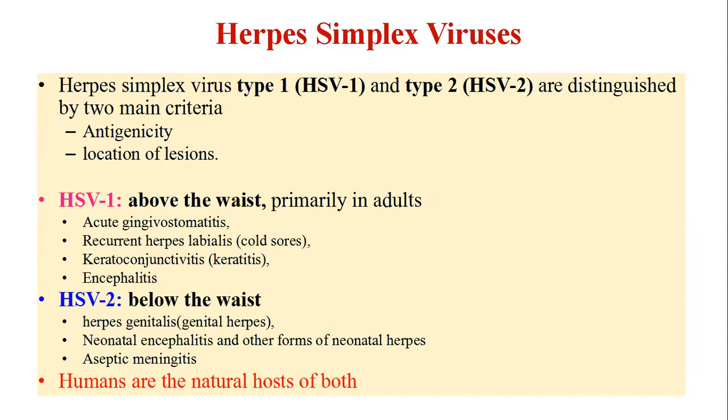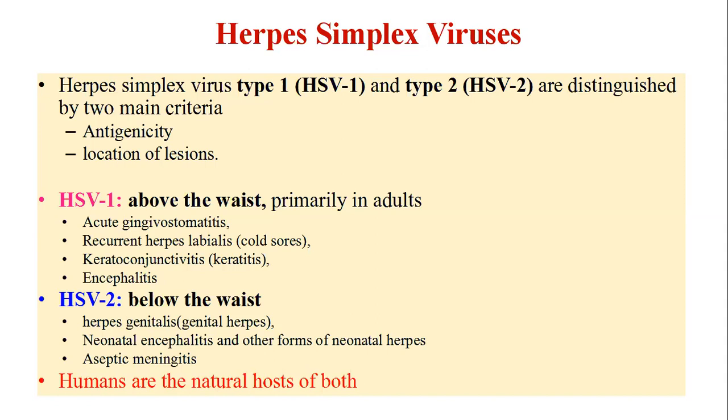Now, herpes simplex virus type 1 and type 2 are distinguished by two main criteria. What are these two criteria? The first criterion is antigenicity, the glycoproteins they have. And the second one is the location of lesions. So they are animal viruses that cause disease in humans.